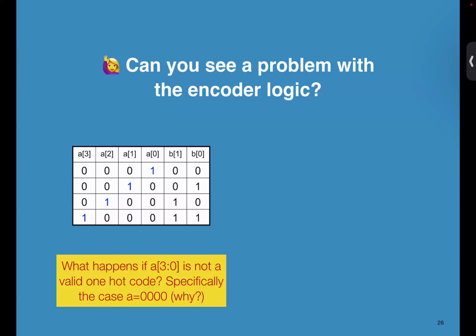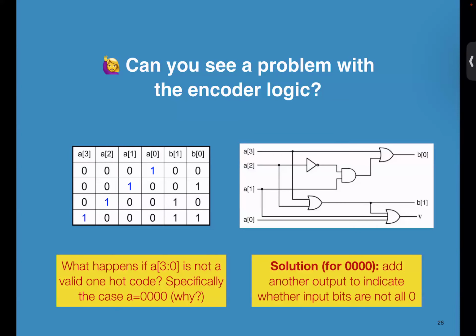But an alternative perspective is that I need to be cautious. If the input is not a valid one hot code, then I'm going to produce some sort of an error signal. So it depends on the perspective you take. We'll see shortly that it turns out useful to have this kind of an error signal.